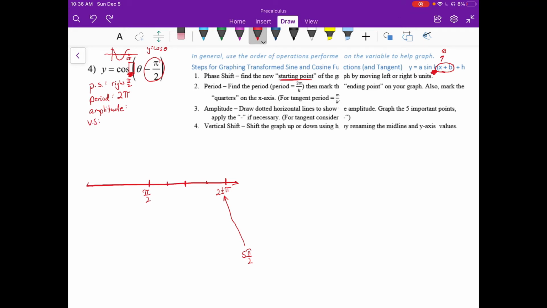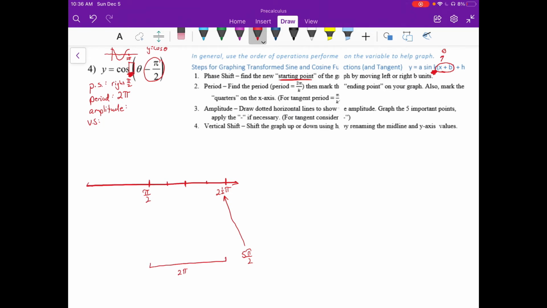Once we have our starting point and our ending point, it would be helpful to know where the y-axis is here. And this actually can help us find our quarters as well. But if this whole thing, I'm going to go pretty low here. This is 2 pi. That's our period.